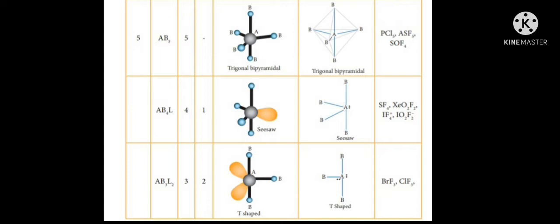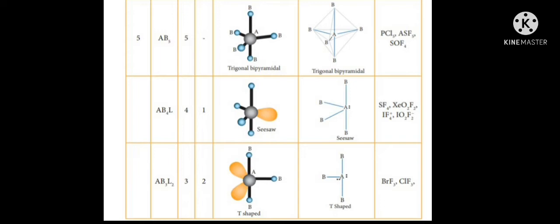Here, the molecule with the formula AB4L. It contains 4 bond pair electrons and 1 lone pair electron. This molecule contains 4 AB bonds and 1 lone pair electron on the central atom A. Due to the presence of 1 lone pair electron, the shape of AB4L molecule is seesaw.